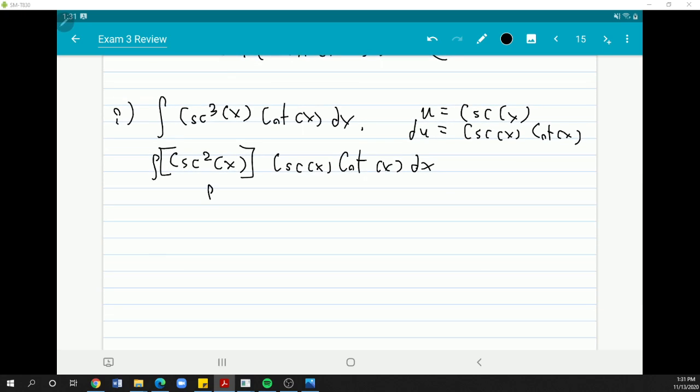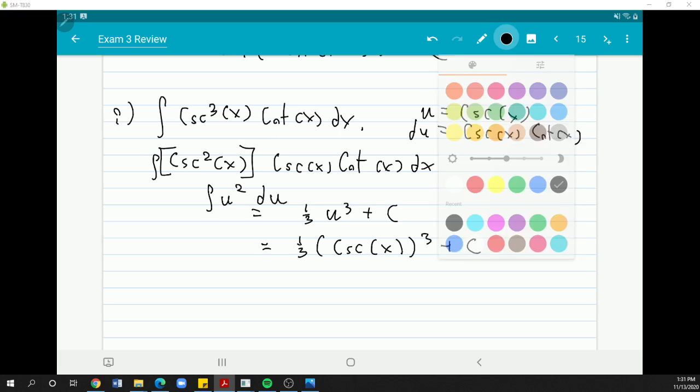So then this becomes the integral of u squared du, equals 1/3 u cubed plus c, equals 1/3 cosecant of x cubed plus c. And that's how we go.